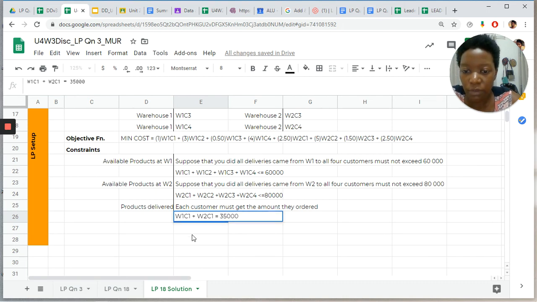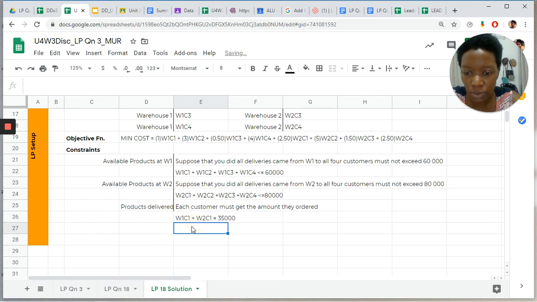In Solver, if Solver ultimately told me that I'm not doing any deliveries from warehouse 2, this would be a 0 and that would be the 35,000. It doesn't matter, you must just stipulate it so that Solver keeps in mind to stay within this constraint. Now I'm going to do this for every other customer.